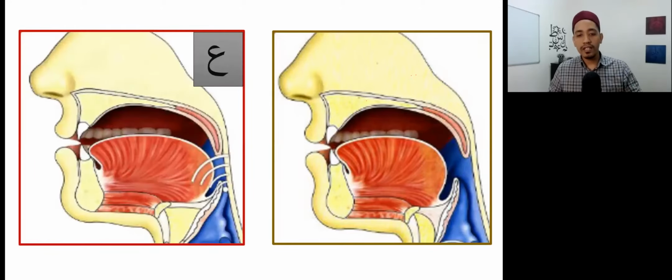Have a look at this one over here on the left. Just look what is happening. Now notice this is at the back of your throat, right? And remember when you're doing the throat culture, the doctor is looking straight at the back here in your throat. And this is the area we said where the ayn is pronounced from.